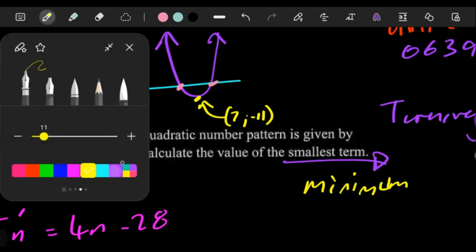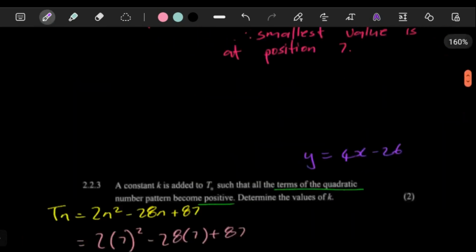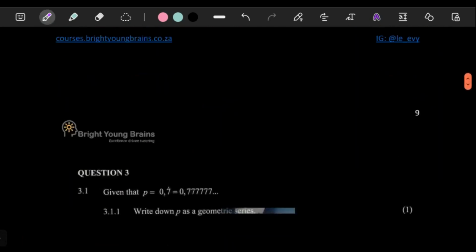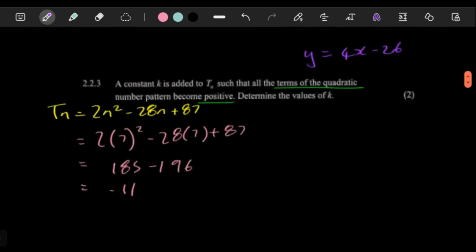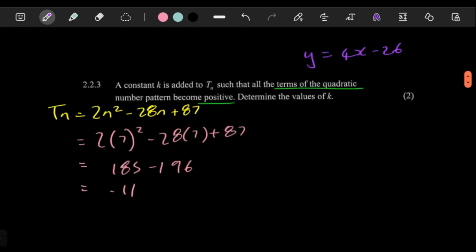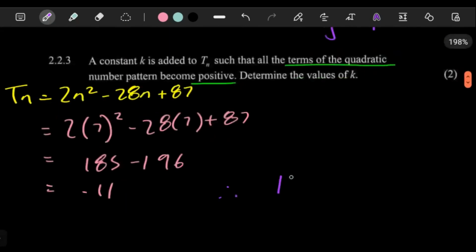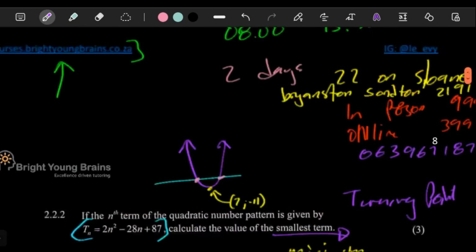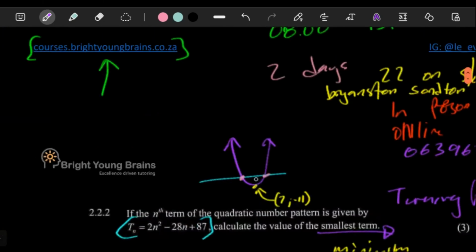So the value of k needs to be anything above 11, because k is what you add to your expression for it to have positive numbers everywhere. Therefore, k has to be bigger than positive 11. The reason is that moving upwards is like adding values. If you add 11, you'd have moved it 11 units up. If you add more than 11, it'll move up more than 11, you see.